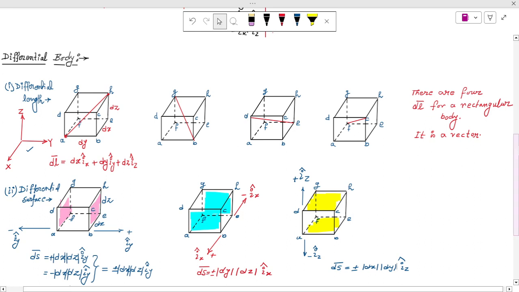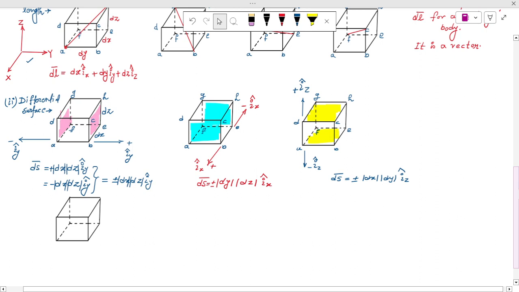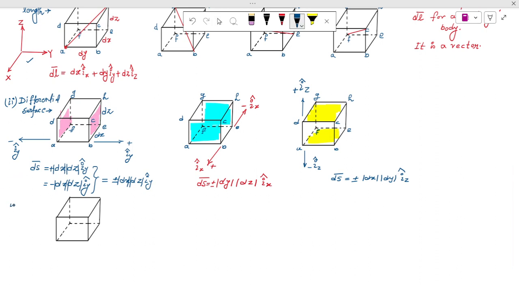Now the last one for the differential body study. This is number 3, and it is very easy to remember. This is differential volume.